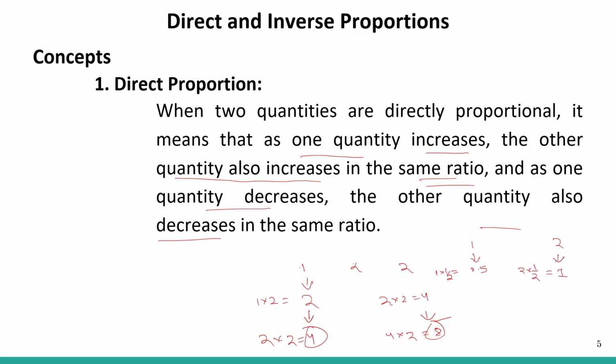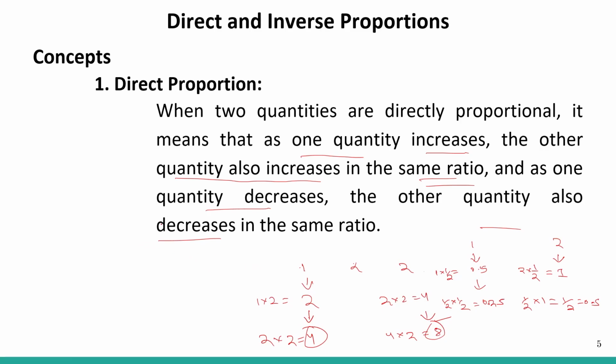It became half of 2, because 1 became half of what it was. If we halve again, 1 by 2 into 1 by 2 is 0.25, and the other, 1 by 2, again multiplied by 1 by 2, is 0.5. You can see this got halved because this one got halved.